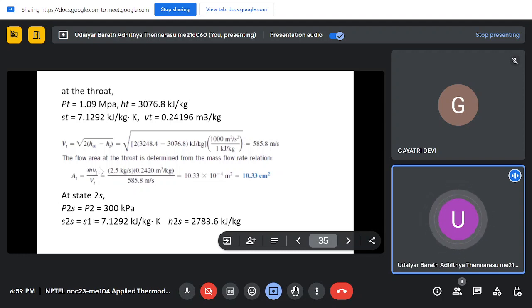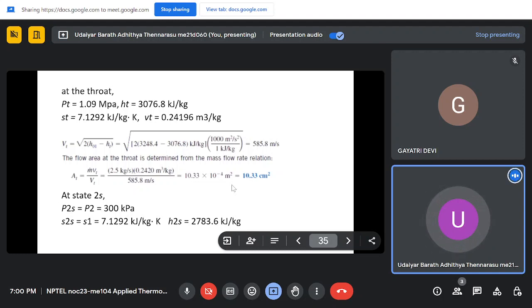We know mass is 2.5 kg per second, the velocity at the throat section is 585.8, and the specific volume is 0.242. On substituting this, we get the throat section area as 10.33 centimeters square.